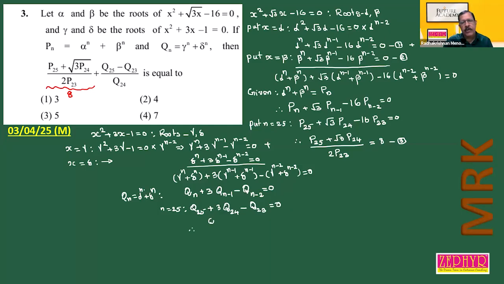Therefore, Q25 minus Q23 divided by Q24 equal to, definitely, it will be what? Q25 minus Q23, I think, no? You will be getting minus 3. Okay.